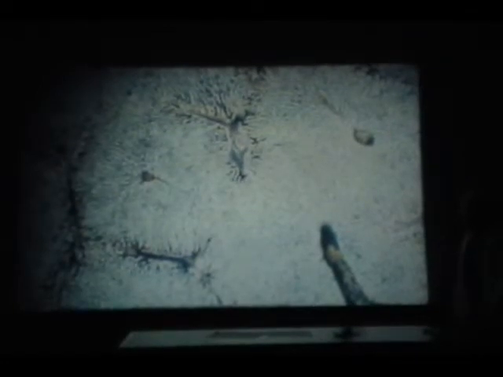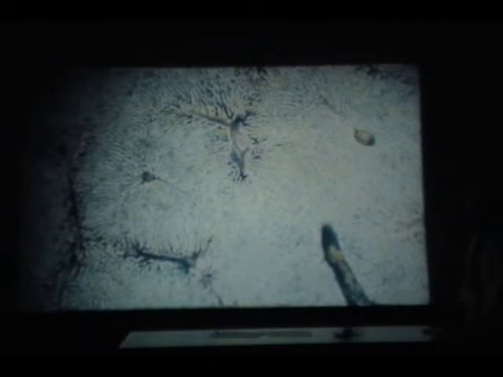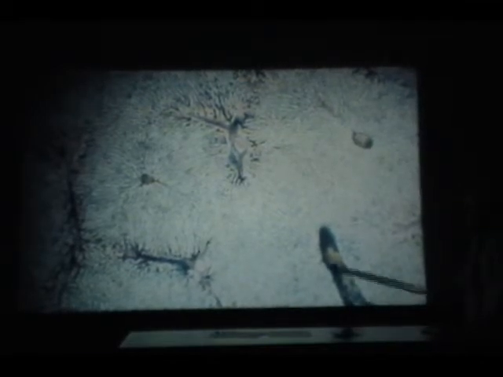Oh, okay. Now, this is a slide in which the blood vessels were injected with some gelatin that contains a blue dye. And then, could you focus this? Is it out of focus? Okay.